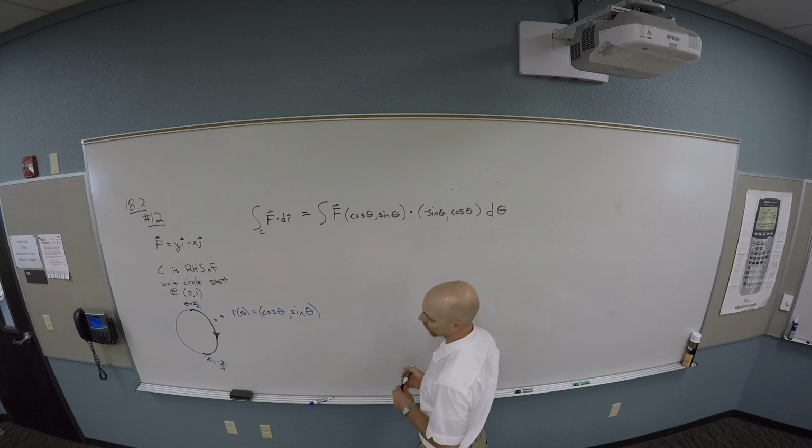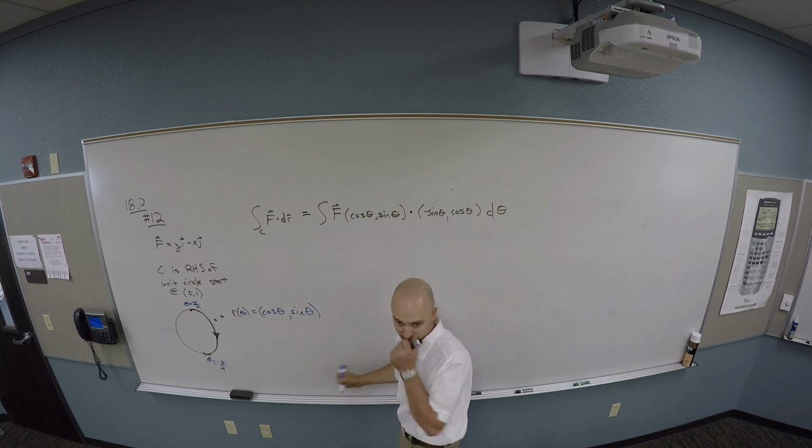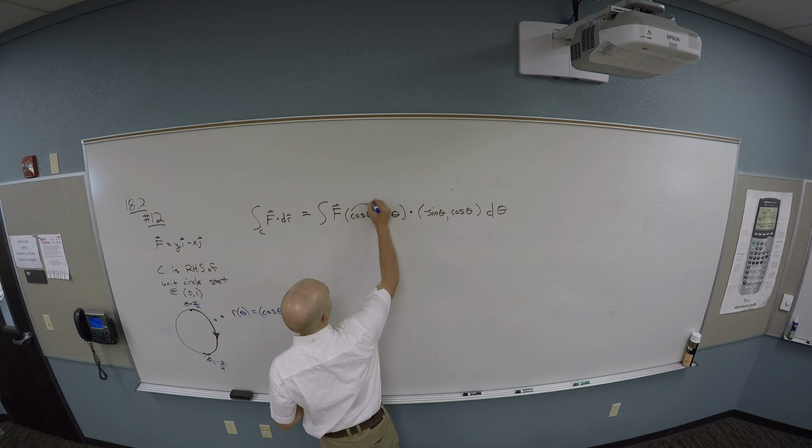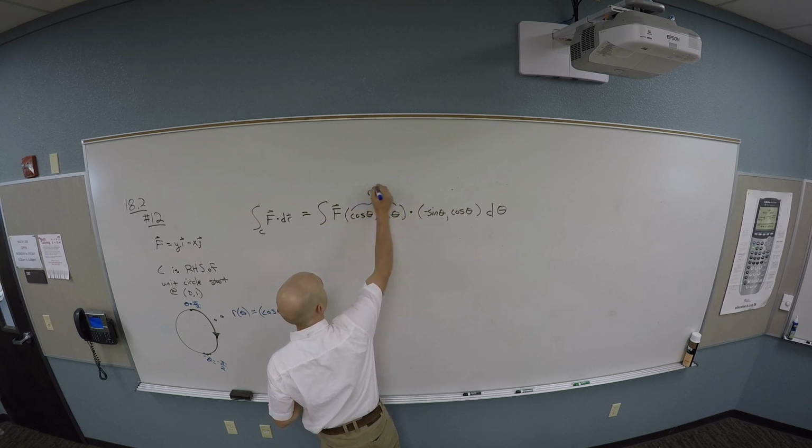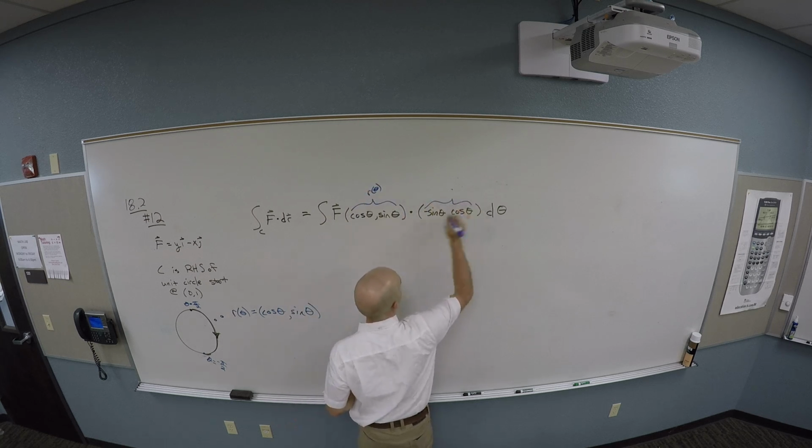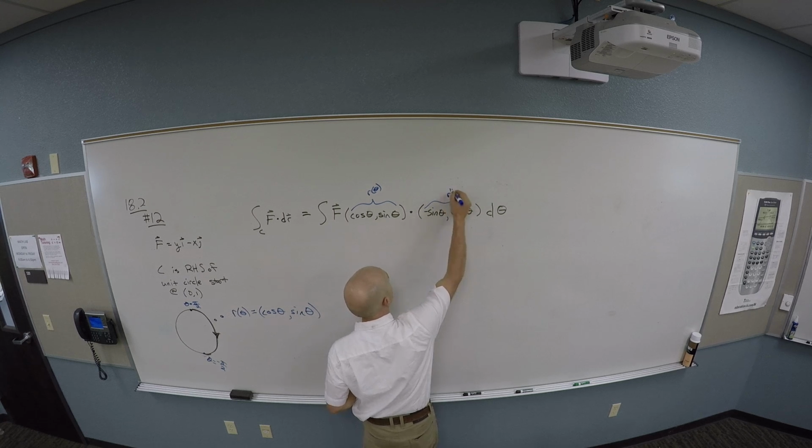Now I've sort of hardcore committed to this parameterization, right? So here I've got f. This stuff in here is r of theta, and this stuff is r prime of theta.